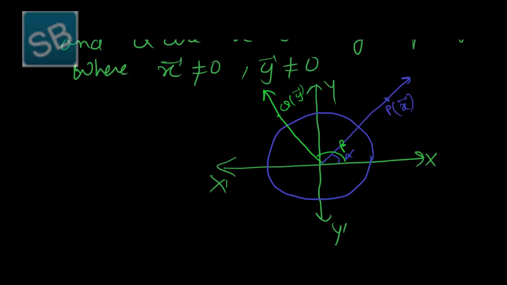Therefore, the angle between them is alpha minus beta, or we can say beta minus alpha.